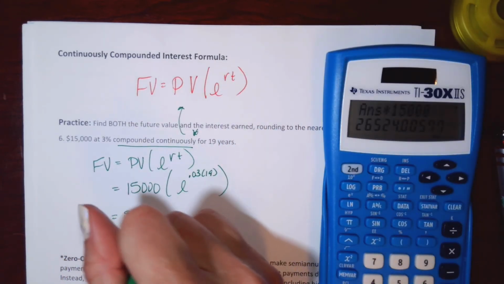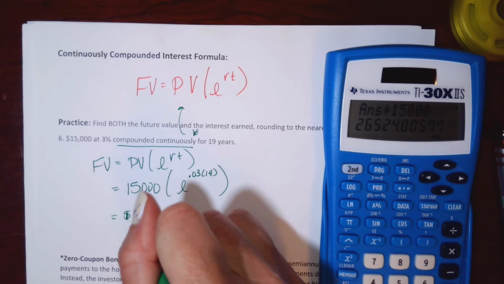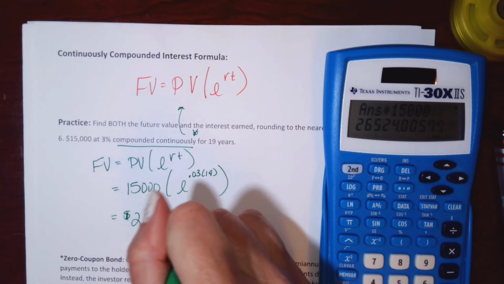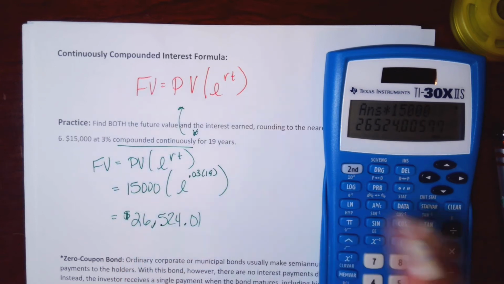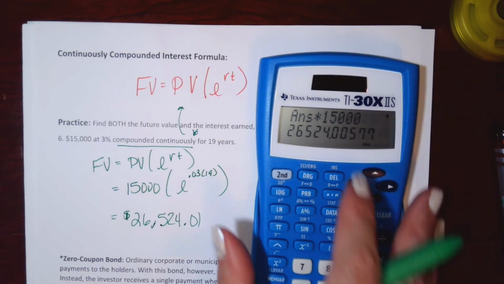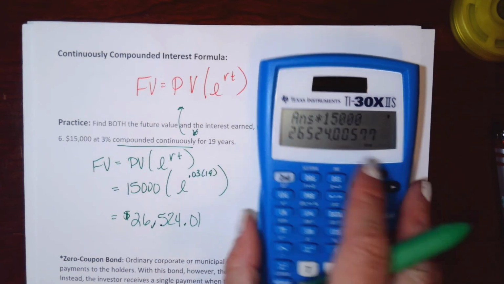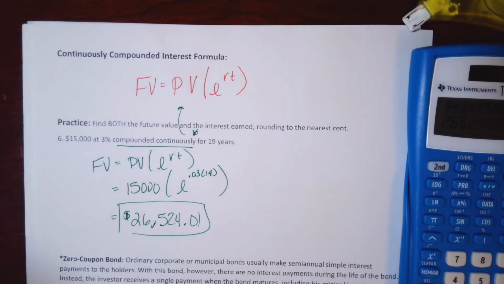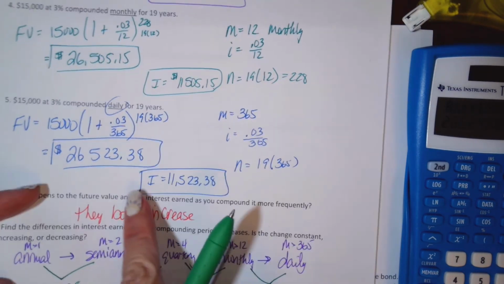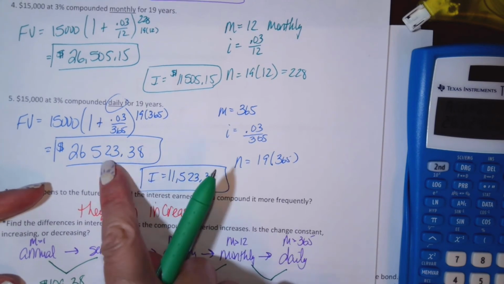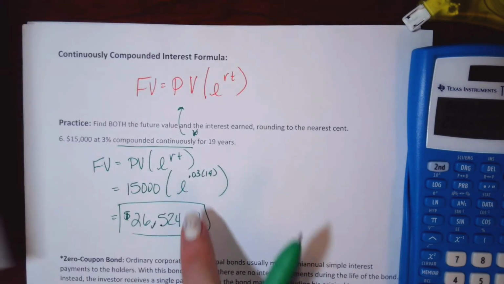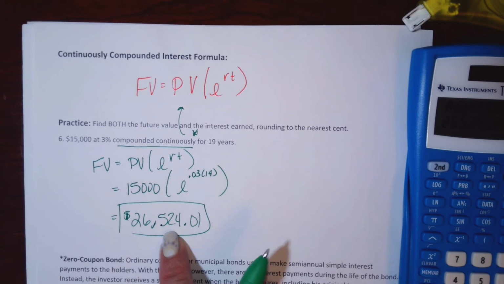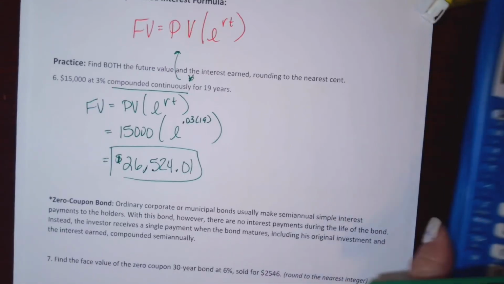So I get $26,524.01 when I round it to the nearest cent. Now, if I compare this to compounded daily, which was $26,523.38, and this is $26,524.01, it's just a little bit more, not a lot more, just a little bit more.